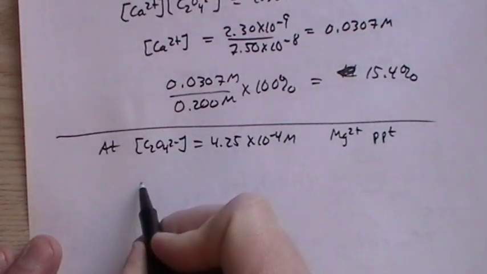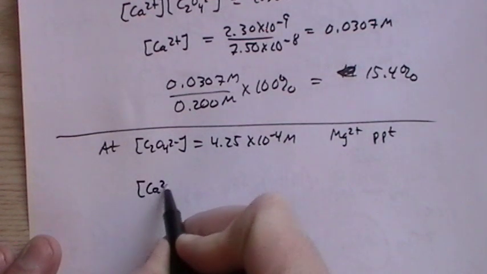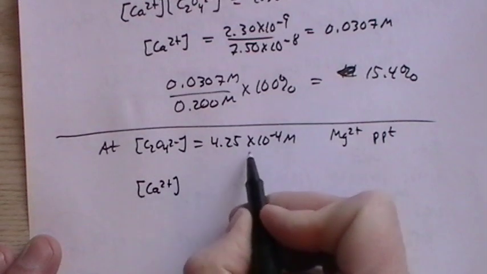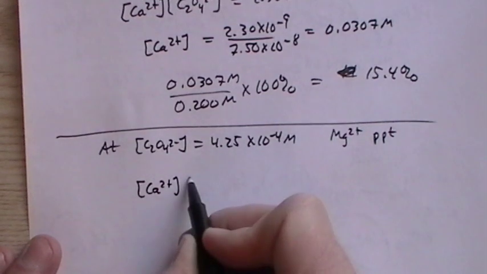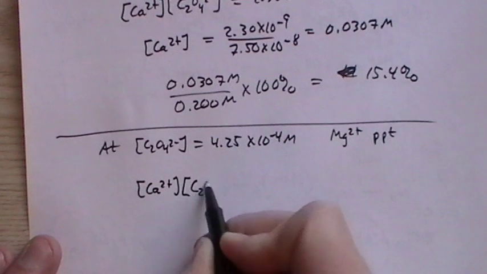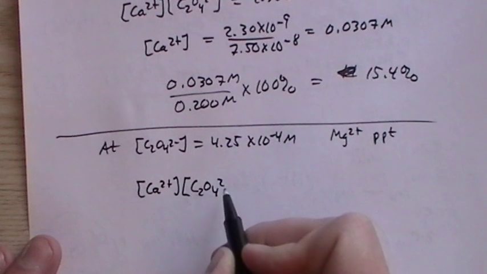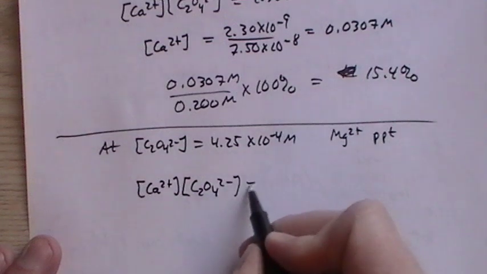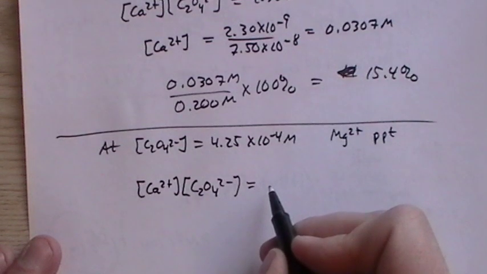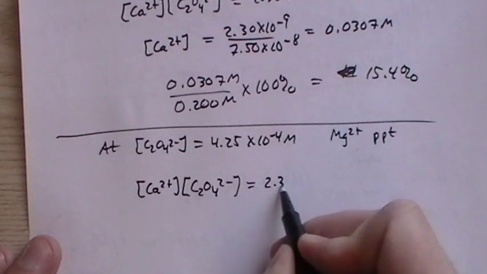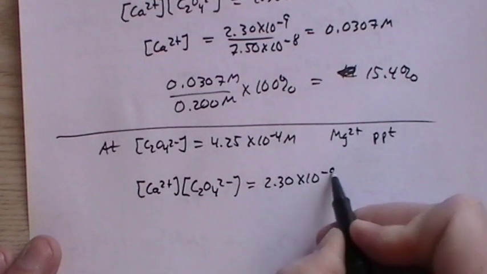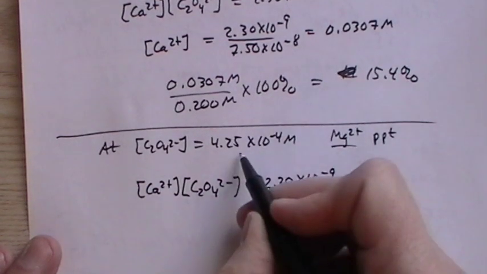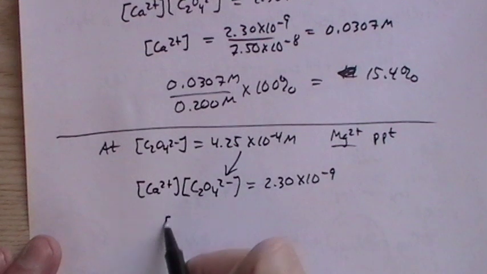So what we do is we take the calcium expression. Now at 4.25 times 10 to the minus 4 molar, the calcium has been precipitating continuously since 1.15 times 10 to the minus 8. Since it's 10,000 times lower in concentration, it's been precipitating out like mad. So we should find that it's a very low number when we finally get to the concentration that will allow magnesium to fall out. So just put it in here.